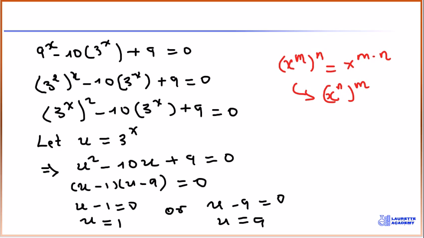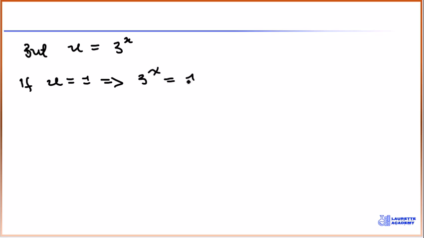So what do we do? We have that, but we said u equals 3 to the power x. So if u equals 1, this will imply 3 raised to the power x equals 1, which is the same as 3 raised to the power 0.